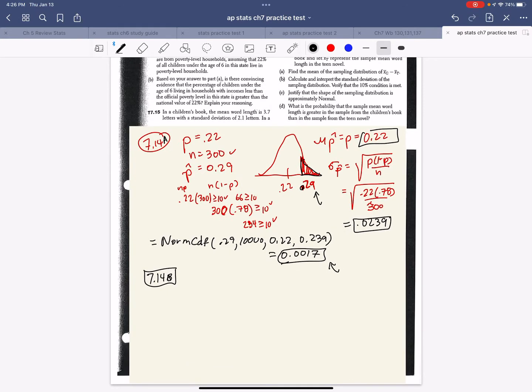So this is telling us there's a 0.0017 probability that more than 29% of the samples are from poverty level households.